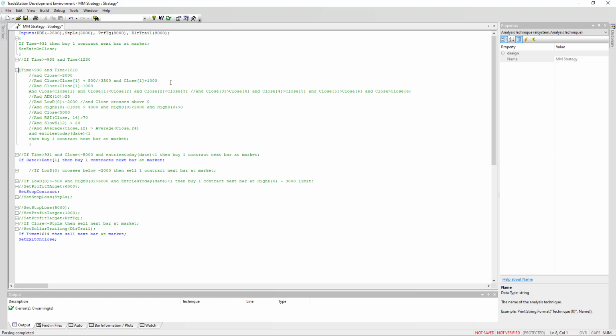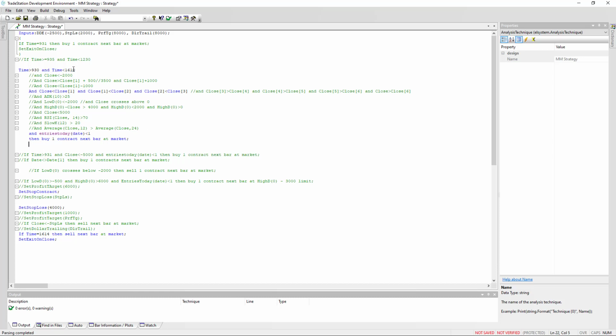And let's look at one that actually worked a little bit better. I'm going to comment out some of these. I'm going to use a $4,000 stop loss, which worked. If I did this setup up here, let's see.